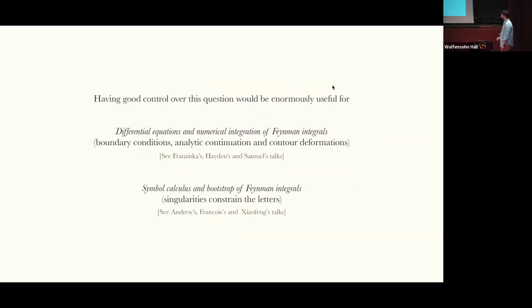We've already seen a few times this week that this could be enormously useful. It's enormously useful to have control over this question, especially in the Feynman integral program, where we often need to use differential equations or numerical methods to solve Feynman integrals. It's also very useful, as Andrew pointed out, for symbol calculus and the bootstrap of Feynman integrals.